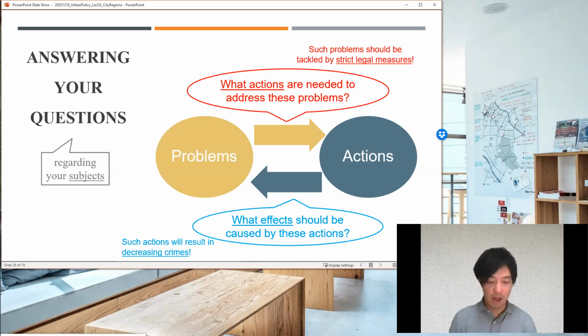So questions and answers should be shown on either side of this problems and actions cycle, basically. You don't need to stick to this framework, but using this framework will be useful for all of you. I recommend that you focus on either side of this framework.